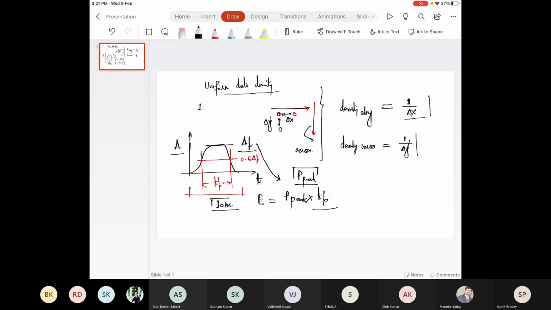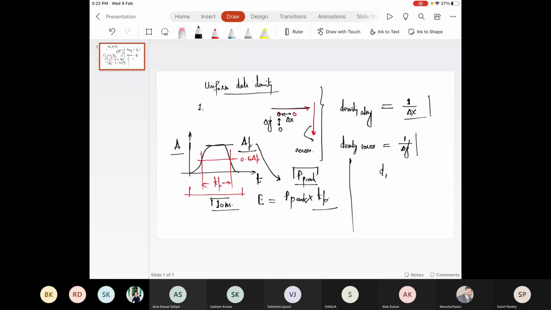If it is in the order of 10 nanoseconds, then what is the distance covered by this pulse in space? It will be 3 meters, correct, because this laser pulse is traveling with the speed of light.